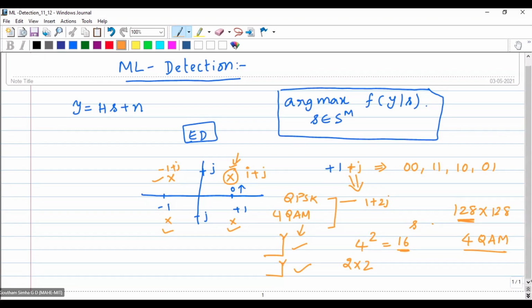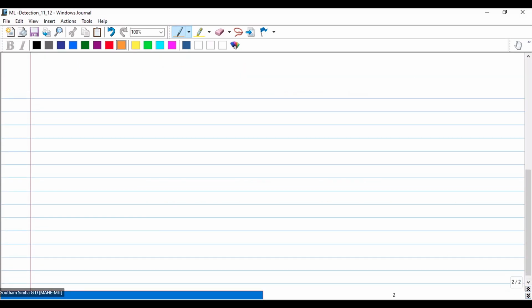Now, the next thing is this. For a function f of y given s, or you can write it as s tilde given s, whatever, y given s denotes the likelihood function of s for a given received signal vector.